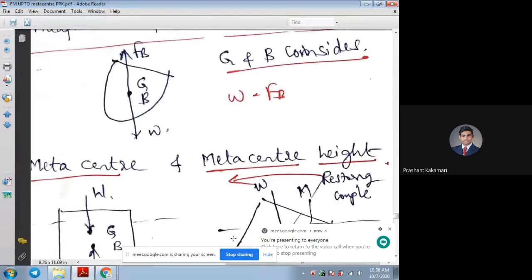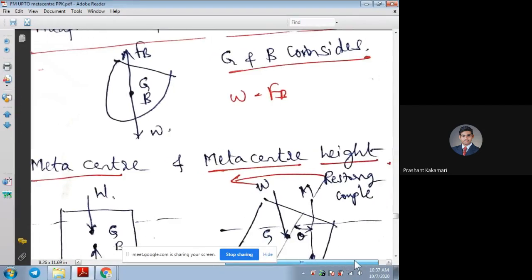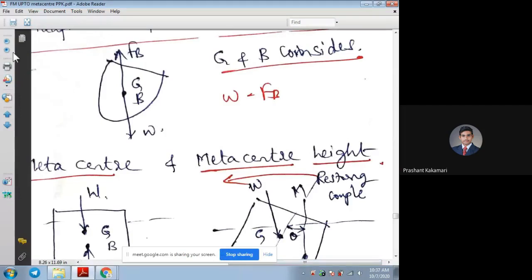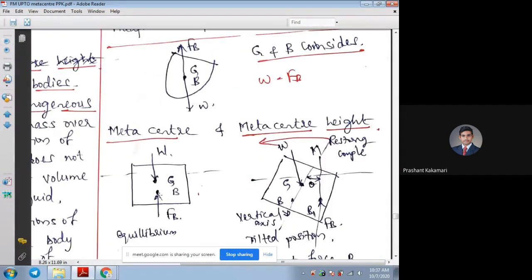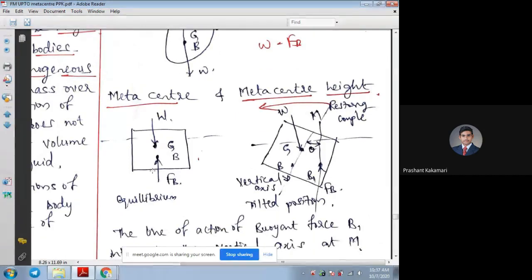So next is metacentre and metacentric height. So again, from the buoyancy forces of the buoyancy phenomena, we are describing one more entity called metacentre and metacentric height. For example, you can consider any body here of any shape.